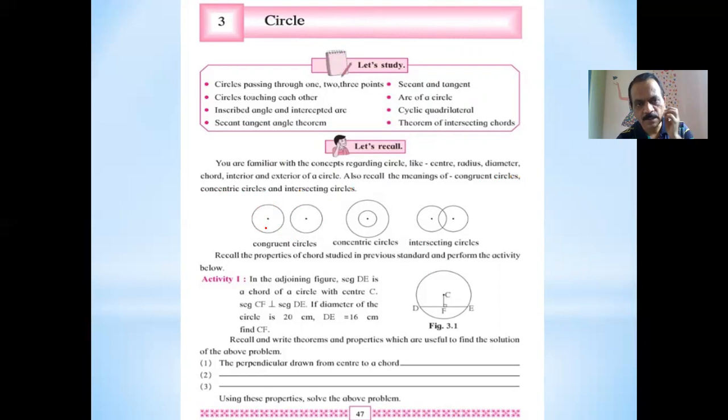When we draw a circle with a radius of 5 centimeter, then we take another center and draw another circle, also with radius 5 centimeter. These two circles are called congruent circles.